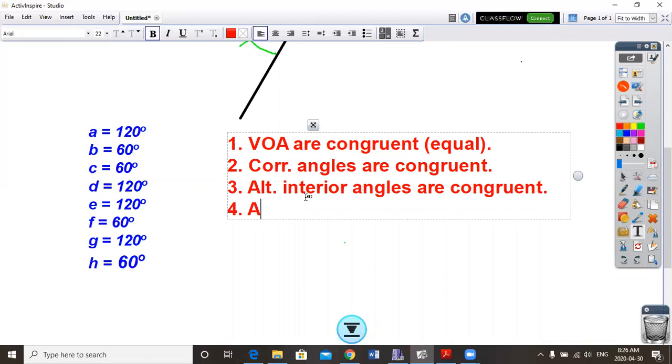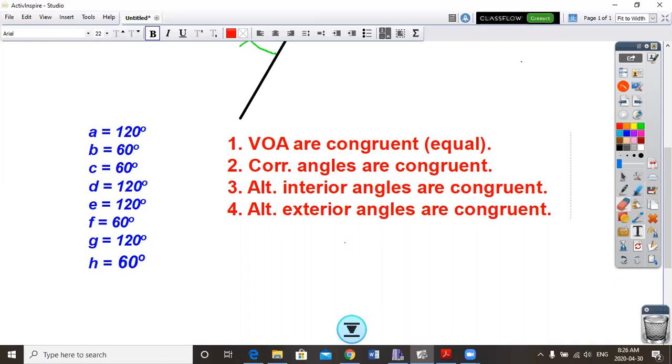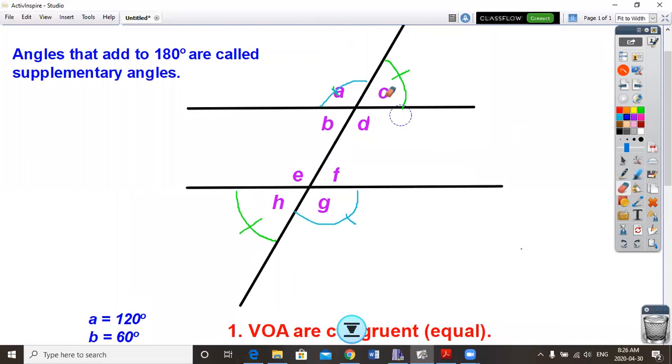So alternate exterior angles are congruent. So those are the angle properties between parallel lines. They're important properties. They will allow us to determine unknown angles without actually measuring. Okay, we don't always want to have to measure angles because that can be a bit tedious.